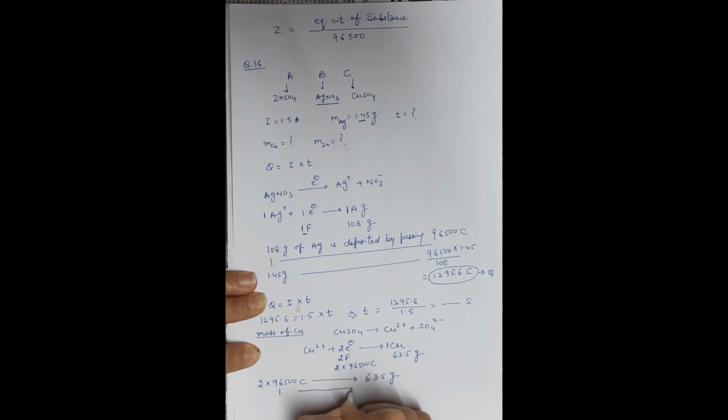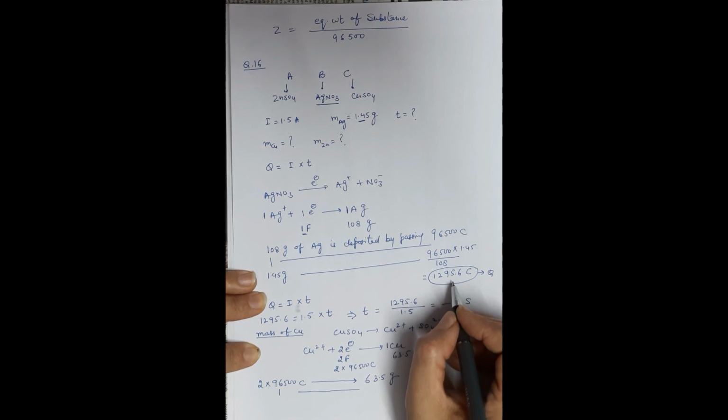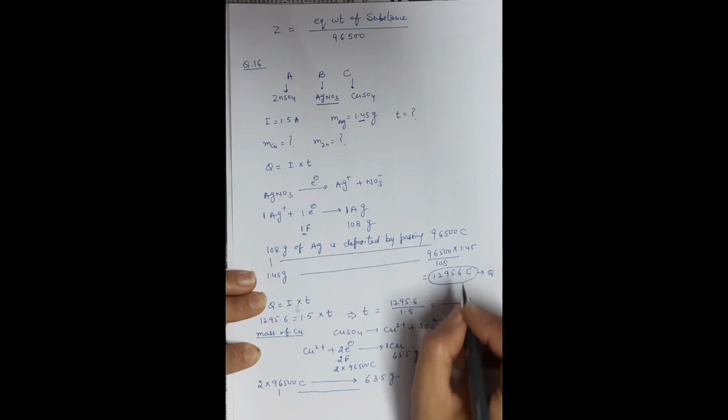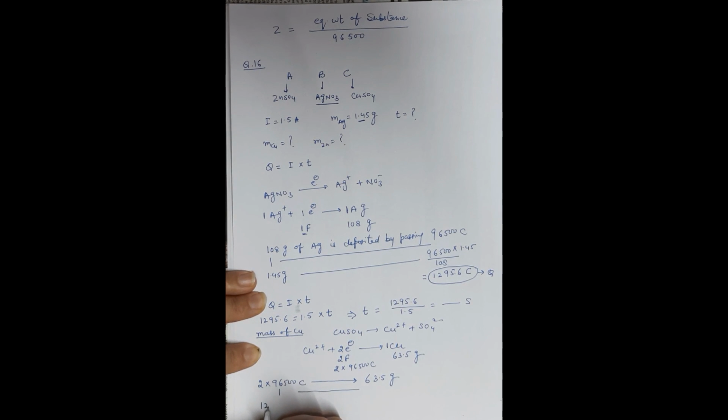Now you can calculate for the amount of charge which is passed through all electrolytes, that is 1295.6 coulomb. What amount of copper will be deposited?